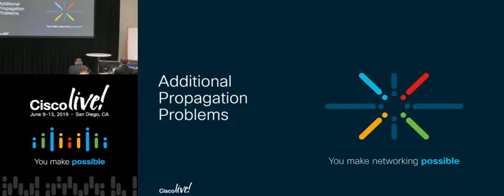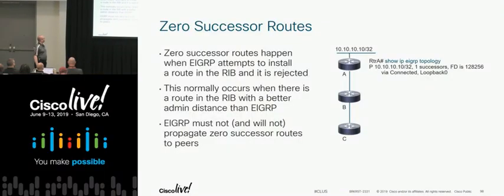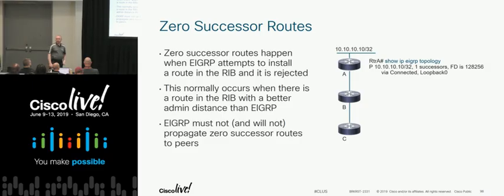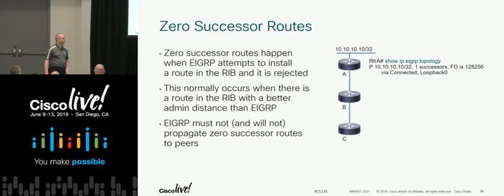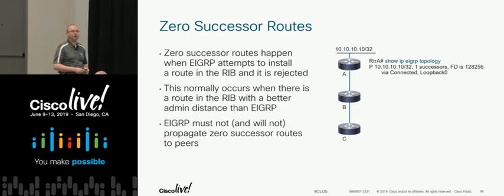With regards to additional propagation problems, as we close to the conclusion, I've already mentioned the problems with zero successors. Once again, those are the routes that didn't make it into your routing table because something else, something better, was in the routing table already. We cannot advertise those routes because we're not using them as EIGRP ourselves.